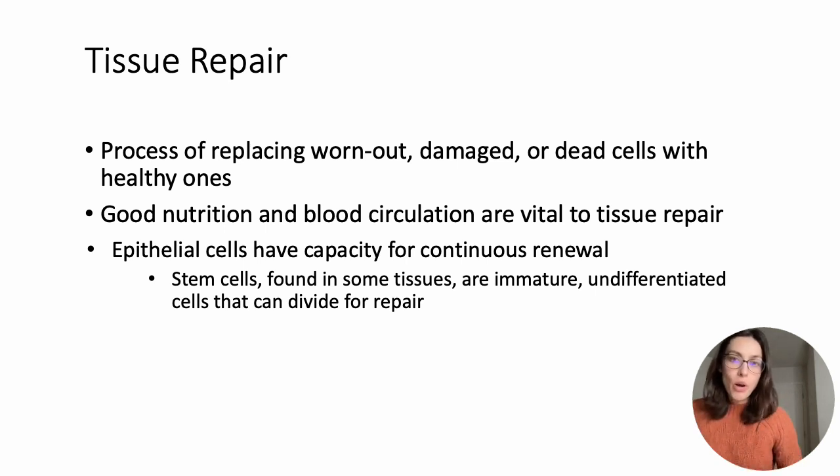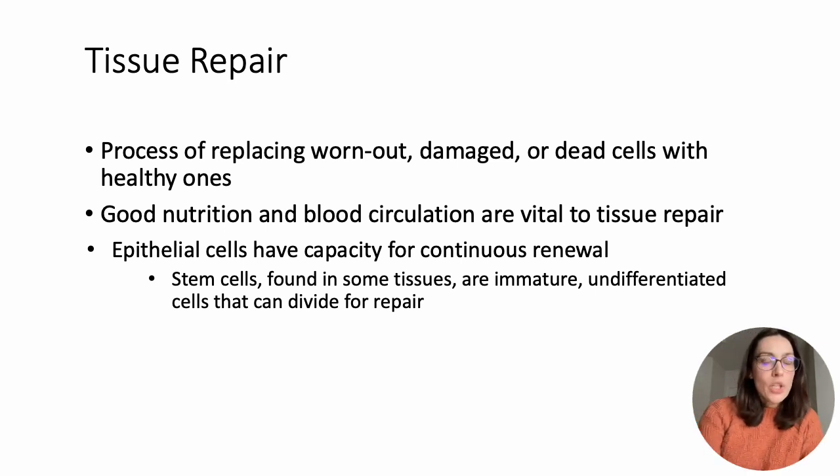So the further you are away from the blood vessel, the longer it will take for all these nutrients and oxygen to get to you. And when it takes longer, that means the tissue repair will take longer and may not be as complete.